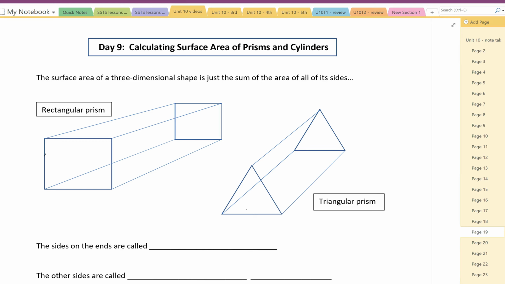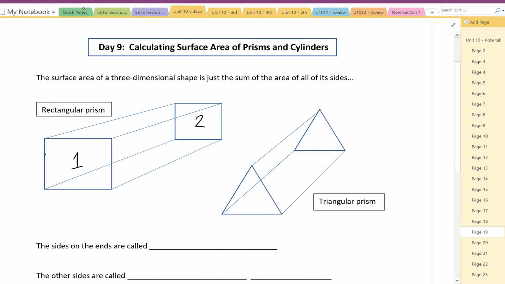Okay, so what we're going to do is figure out the surface area of three-dimensional shapes like this. And the way we're going to do it is kind of like the way we did it with composite figures. So for this rectangular prism over here, it's going to eventually have 6 sides, right? It's going to have this side right here, the other side back here. Those two sides are called its bases.